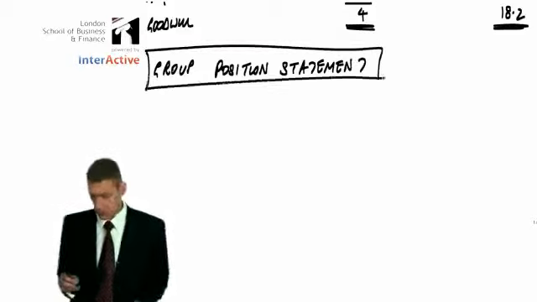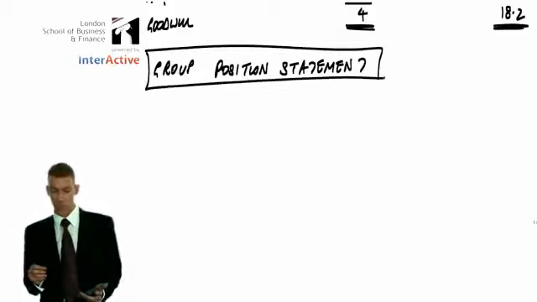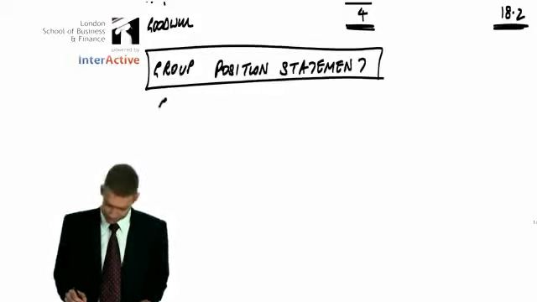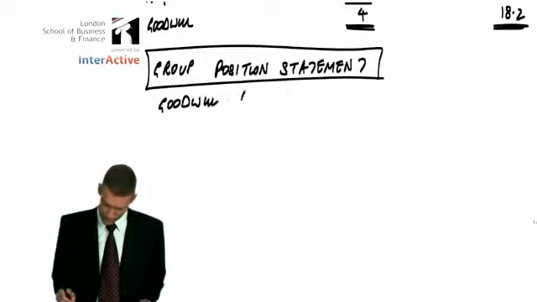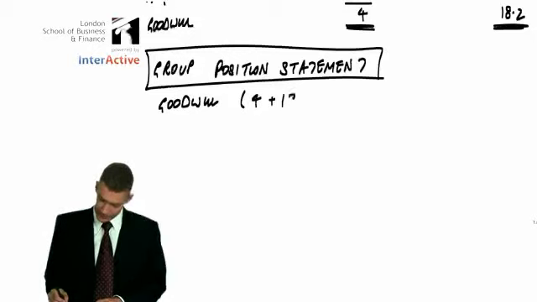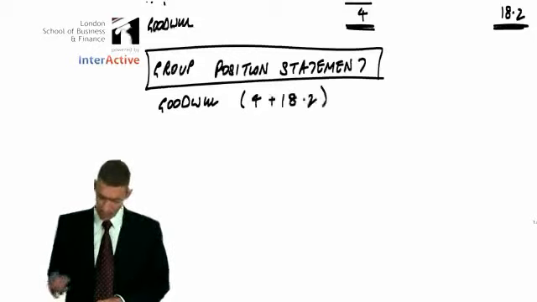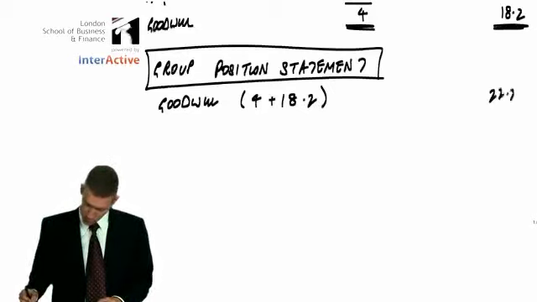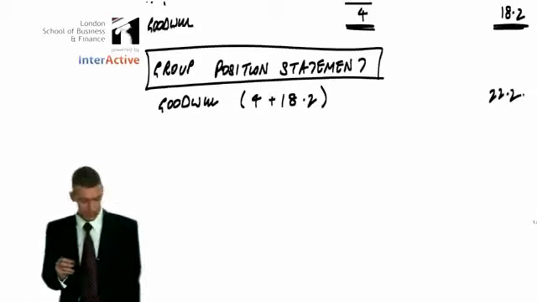There's 3 entities in the group, 2 of which were acquired, 2 of which are subsidiaries, the lower one and the very lower one. We've got goodwill in the mid-sub of 4, goodwill in the lower sub of 18.2, and therefore we've got 22.2 in goodwill.